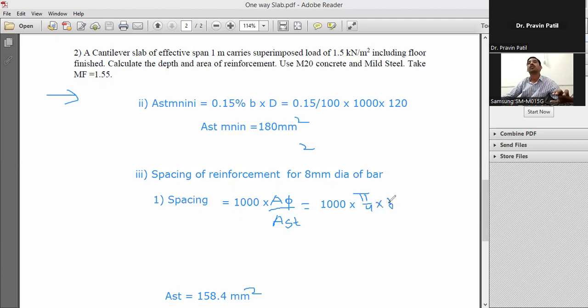So spacing is 1000 into pi by 4 into 8 square, divided by AST. AST is 180 mm square.